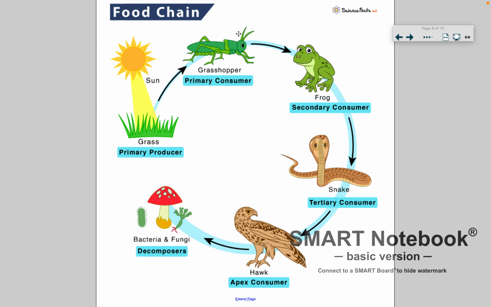And then a frog may eat the grasshopper. So now this is a secondary consumer. Okay. And then if a snake eats the frog, it could be a tertiary. And a hawk eats the snake. Apex just means top predator. But eventually everything dies. And then you have your decomposers that will return nutrients.